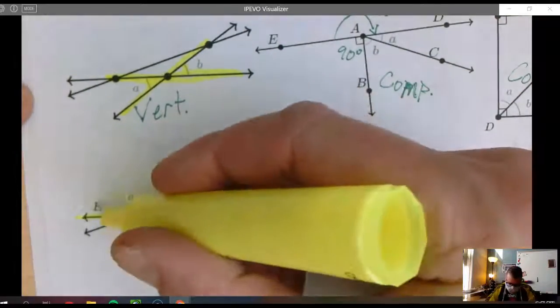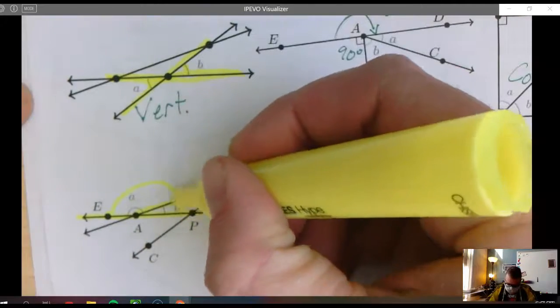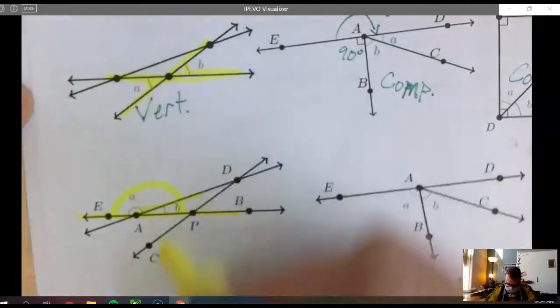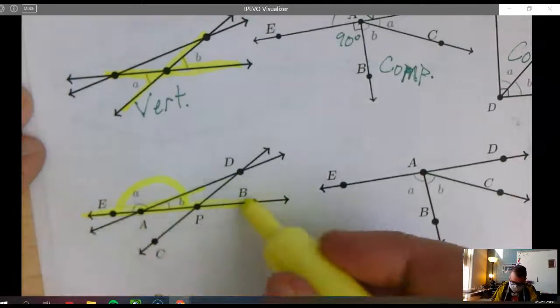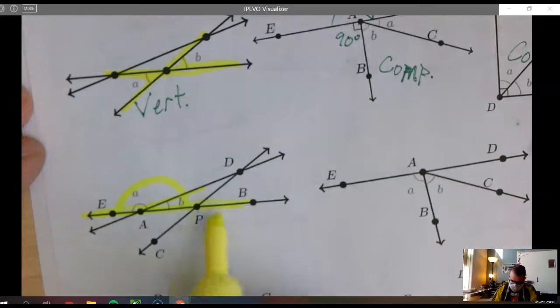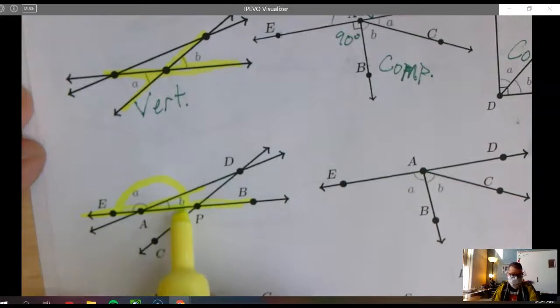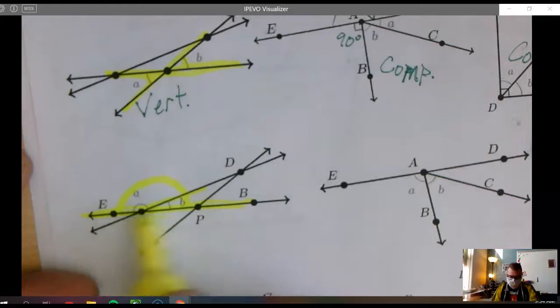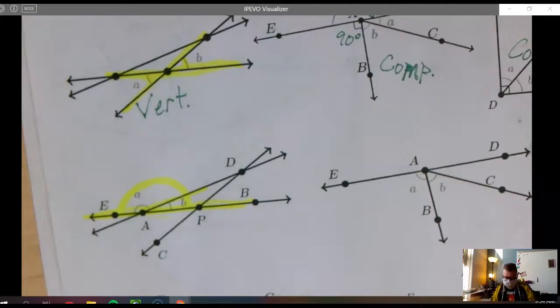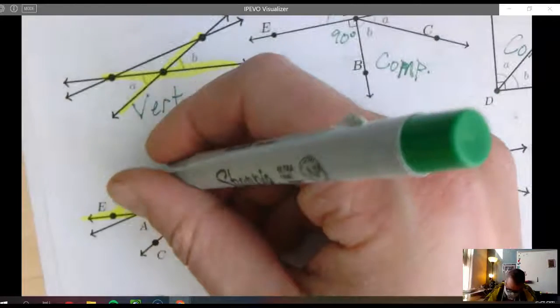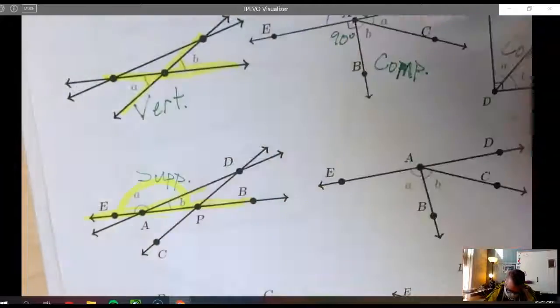They are adjacent. If I look at both of them together, I think it makes a straight line, right? Both of them together. Anyone want to jump in and help Nate? On top of being adjacent, they're also, just shout it out, supplementary. They would also be supplementary.